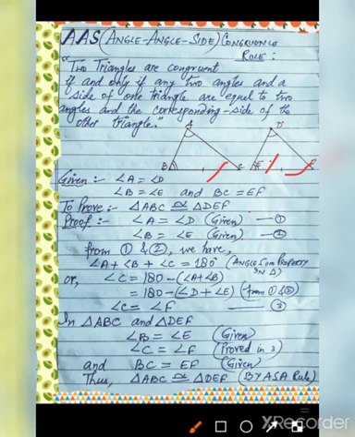So by using the angle-side-angle rule, because angle C is equal, angle B is already equal, and the side in between these two angles B and C is equal, hence by the ASA rule you can say the triangles ABC and DEF are congruent to each other, right?